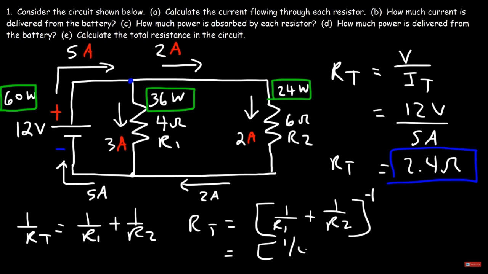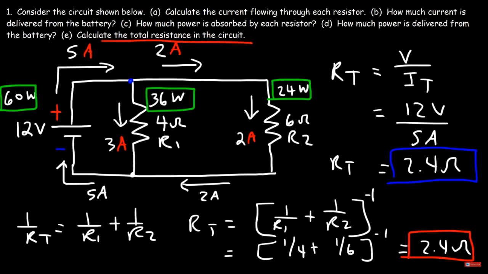So R1 is 4 and R2 is 6. 1 over 4 plus 1 over 6 is 5 over 12. And if you raise that to the minus 1, you get 12 over 5, which is 2.4 ohms. So this will give you the same answer. So now you have two ways in which you can calculate the total resistance of a parallel circuit.